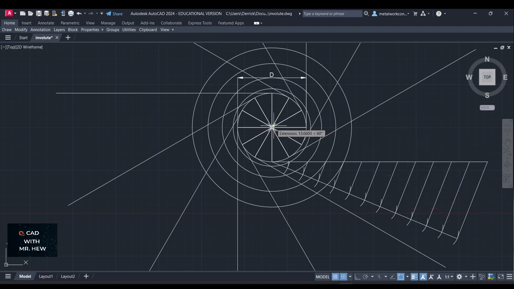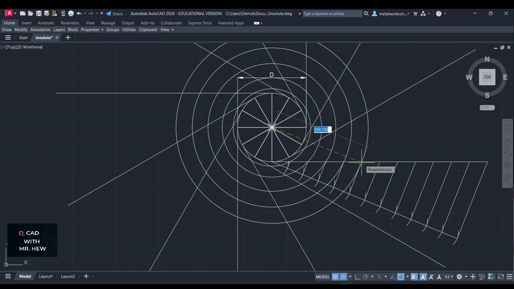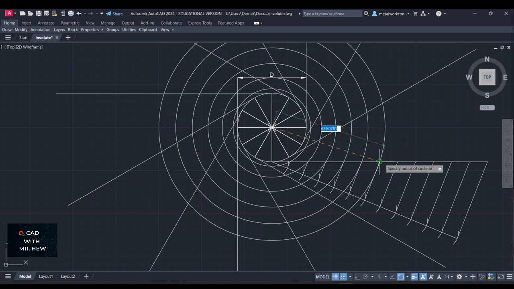So we go there. Radius to the end of that line. You put your compass point here, there. Radius to the end of there.